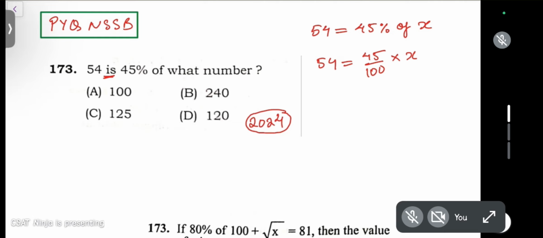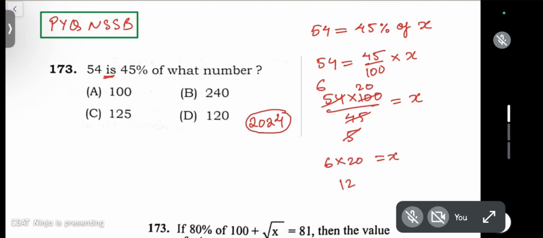So which means, what do I have? 54 into 100 divided by 45 equal to x. So 9 5s are 45, 9 6s are 54, and 5 into how much? 5 20s are 100. So which means 6 into 20 is equal to x. 6 2s are 12, 0 is equal to x. So which means our answer here is 120. Yes, our answer here is 120. So that's how you solve. Clear with this? Let's go to next.